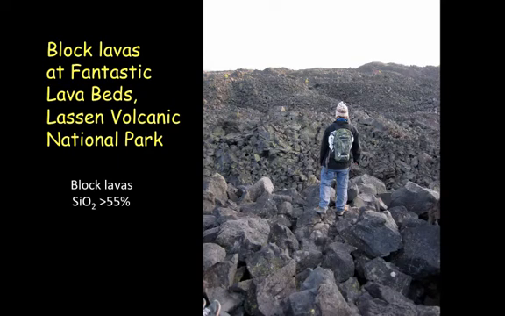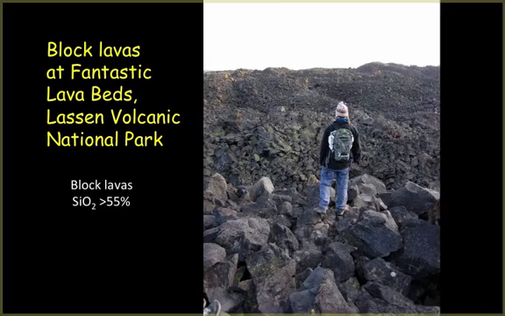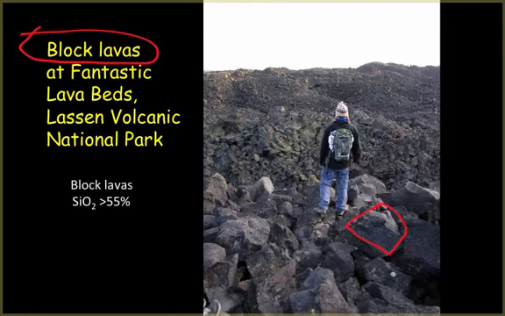A third type of basaltic lava is possible, and these are block lavas. Here's an example from what's actually called the Fantastic Lava Beds, in the northern part of Lassen Volcanic National Park. Instead of pahoehoe or a'a, you get blocks of basalt.